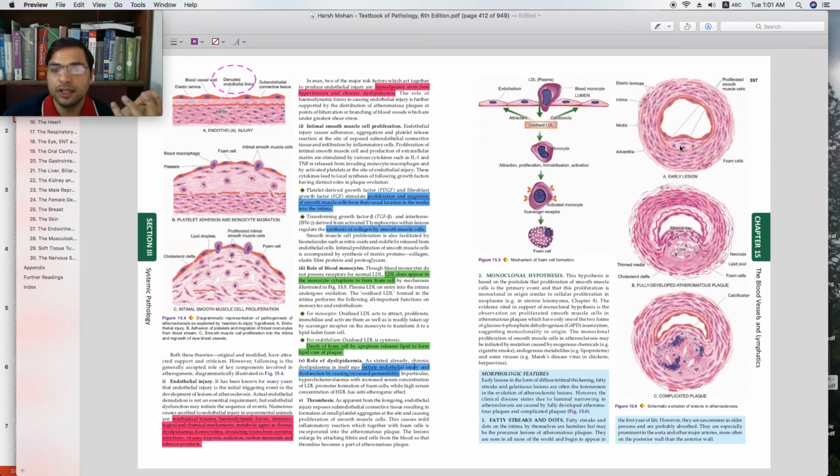Also there is proliferation and migration of smooth muscle cells from the media layer into the intima layer. So now the intima layer also contains smooth muscle cells and they proliferate. Also the collagen inside the intima layer proliferates. So it leads to narrowing of the blood vessel aperture. The blood vessel becomes narrowed, thickened and hardened.